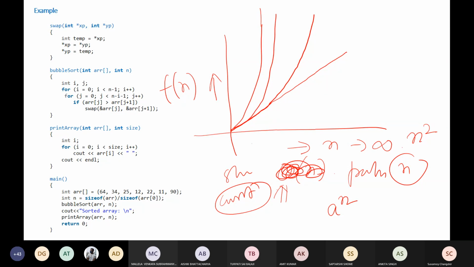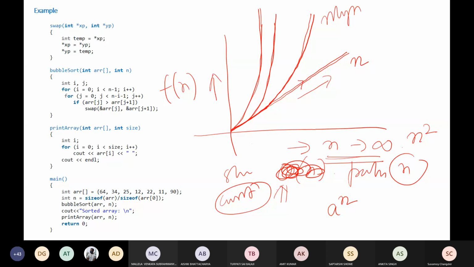So whenever we are talking about the time complexity of an algorithm, say n, whenever the input size is increasing, the execution time taken by the algorithm will increase following this path. When the time complexity is n log n, as we increase n, the execution time will increase following this curve. Similarly for n square, similarly for a to the power n.